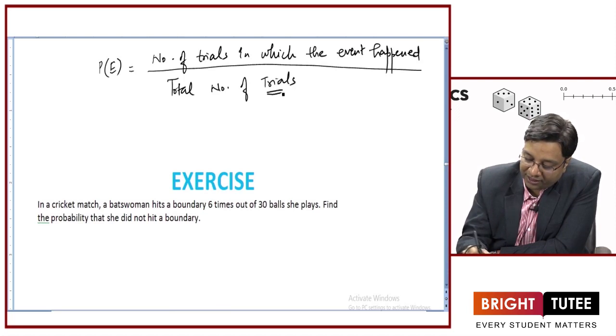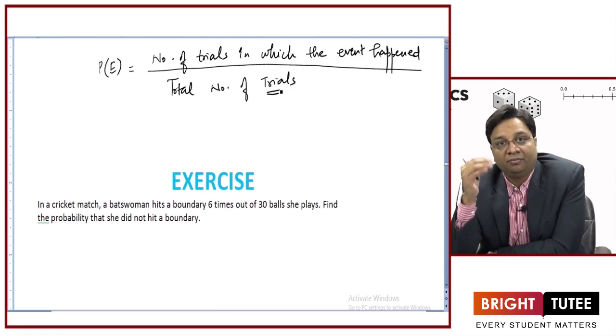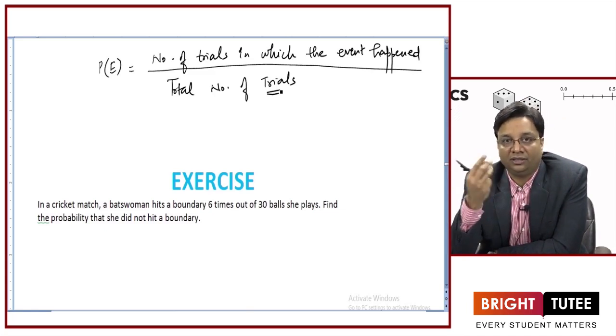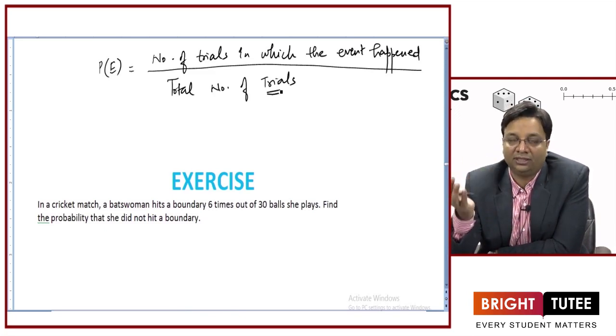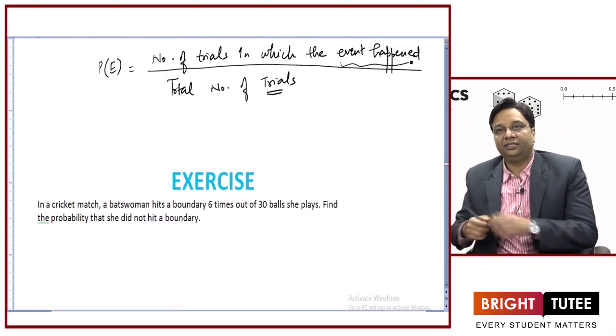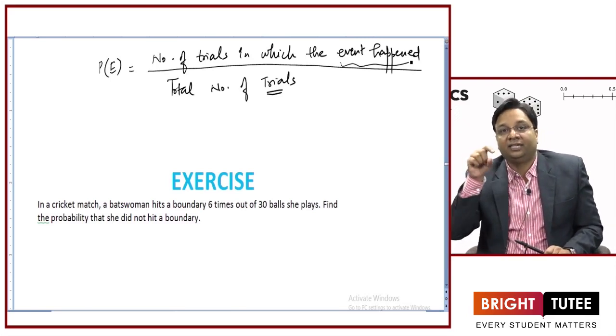What do I mean by trials? I mean the number of times the experiment was performed, right? If the experiment is performed once, it will be one trial. If the experiment is performed twice, then the number of trials will be 2. And the number of trials in which the event happened means the event for which we are calculating the probability.